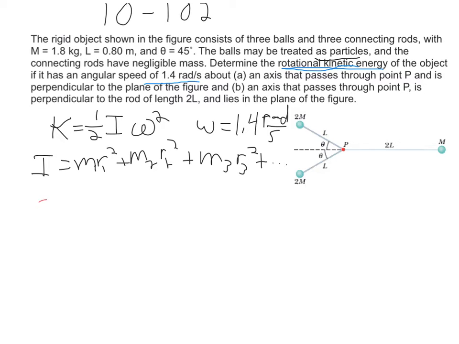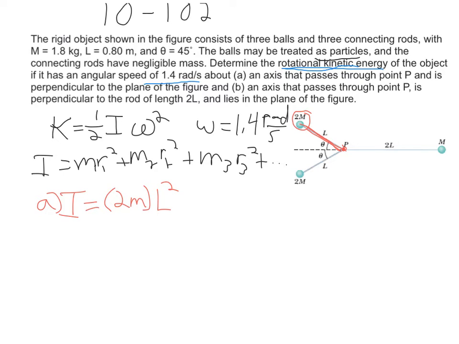Starting with part A, that's our axis going through point P, it becomes quite simple. M1, if we start here, is just 2M, and R1 is just this length L. That's the perpendicular distance between our axis of rotation and our mass. So our I would be equal to mass 1, which is 2M, multiplied by the distance L squared.